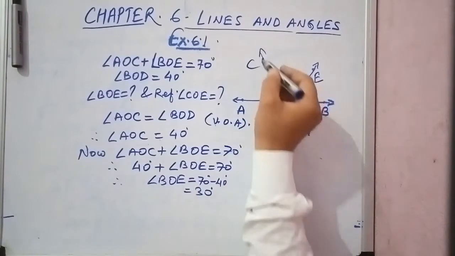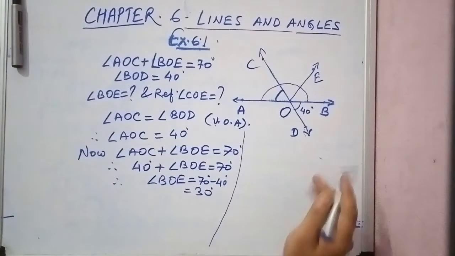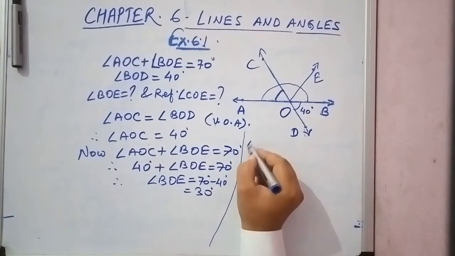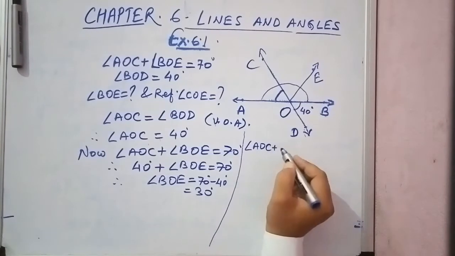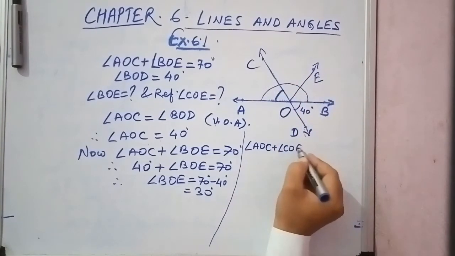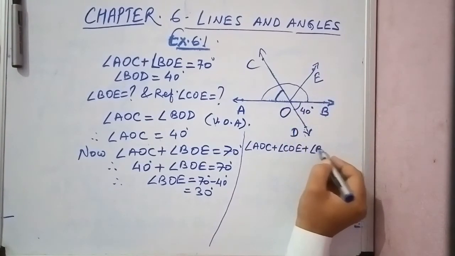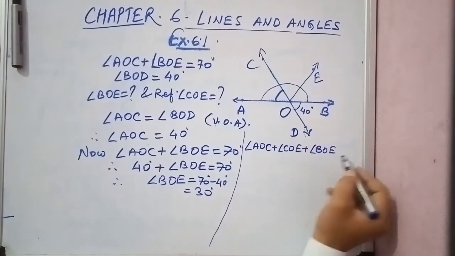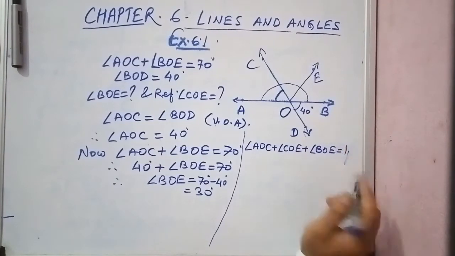So angle AOC plus angle COE plus angle BOE equals 180.